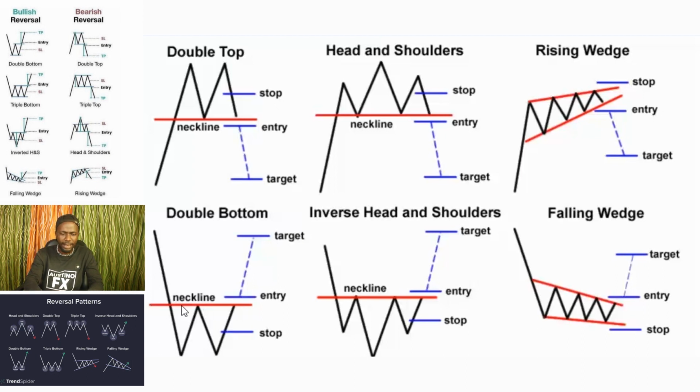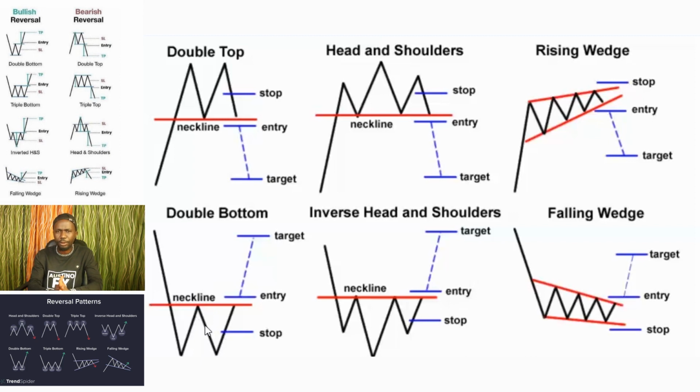So once you identify this type of pattern at a support level, what you should do is use the horizontal line to draw a neckline at the resistance level. So this now becomes a resistance level, because this is where the price got to. The previous high becomes what? A resistance level. So this is where the price got to before it retraced down and formed the double bottom pattern.